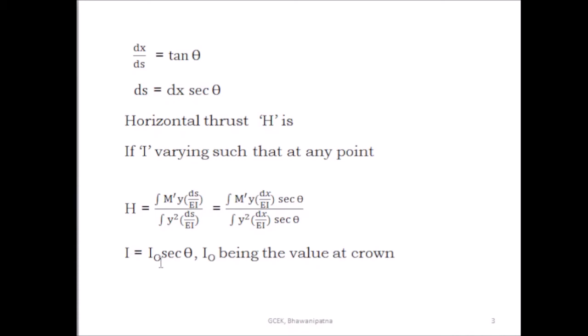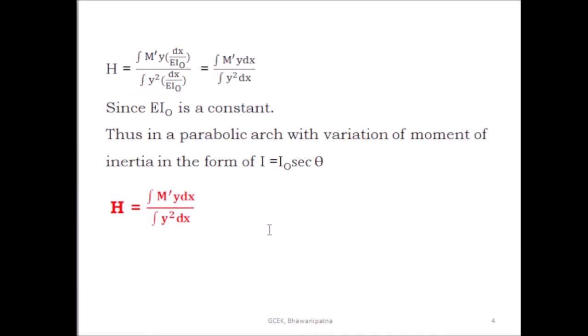If I is equal to I0 sec theta, I0 being the value at the crown, then when you apply this expression, the horizontal thrust is equal to integration M dash y dx by EI0 divided by integration y square dx by EI0. Then, as EI0 is constant, the horizontal thrust is equal to integration M dash y dx divided by integration y square dx.